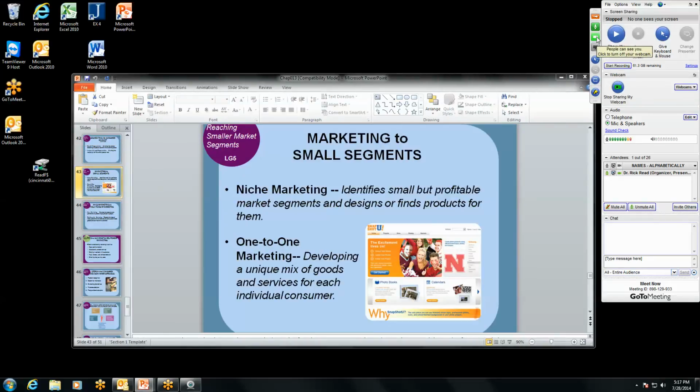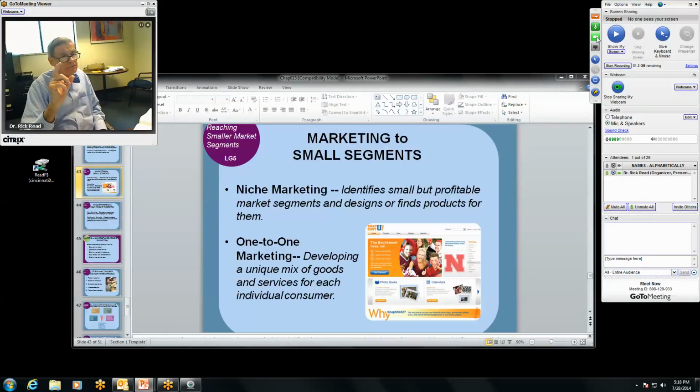Now, when you go to small segments, this is what's known as niche marketing. What niche marketing says is we're going to figure out a small but profitable segment of the market, and then we're going to go after it. And then one-to-one marketing is exactly what it says, going after the individual consumer.